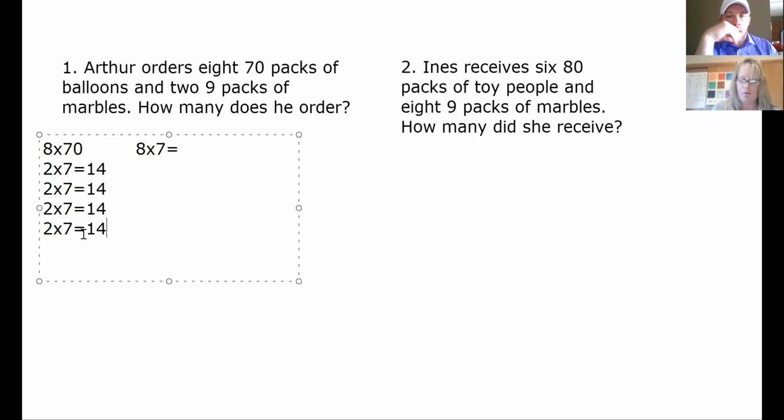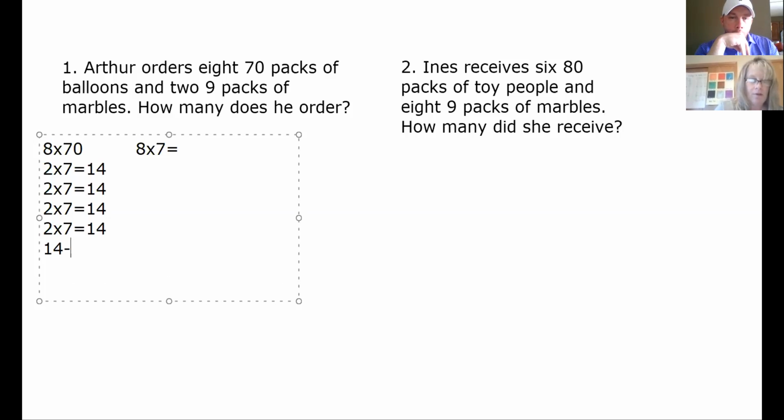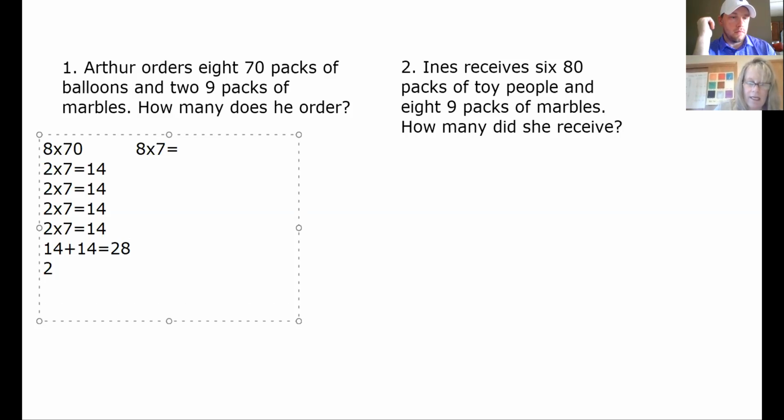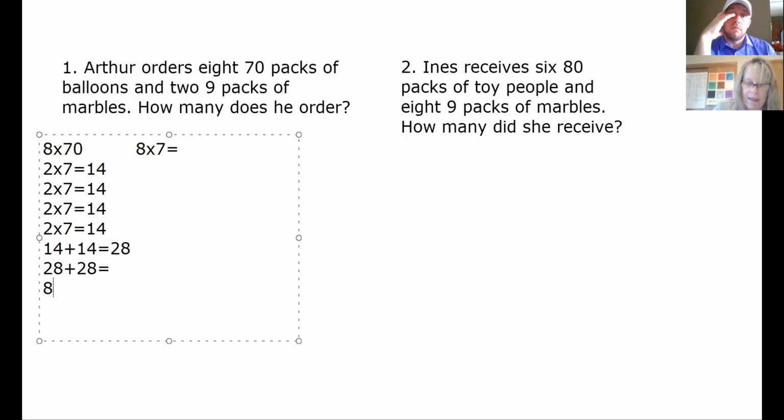So then we knew, well, 14 plus 14 equaled, well, 10 plus 10, whoops, made a mistake. 10 plus 10 equals 20. 4 plus 4 is 8, so that equaled 28. And then, of course, I did another one, another 28. 28 plus 28 equaled, well, 8 plus 8 equaled 16.